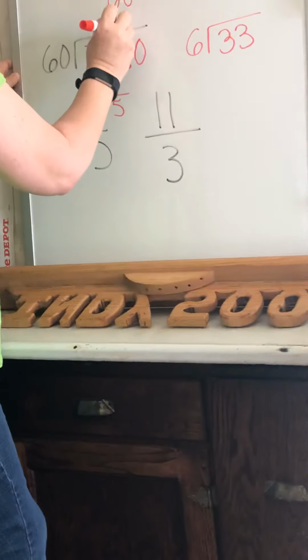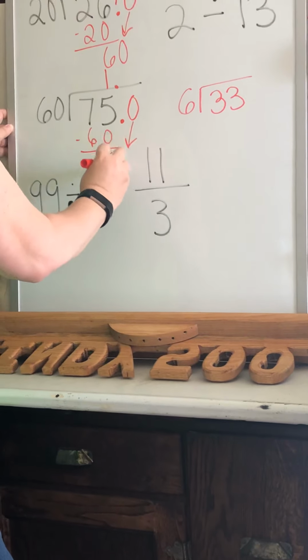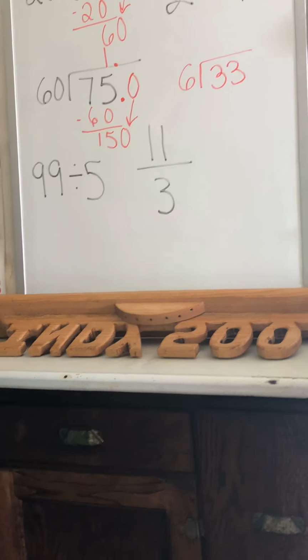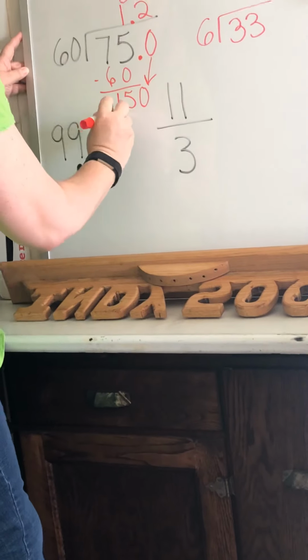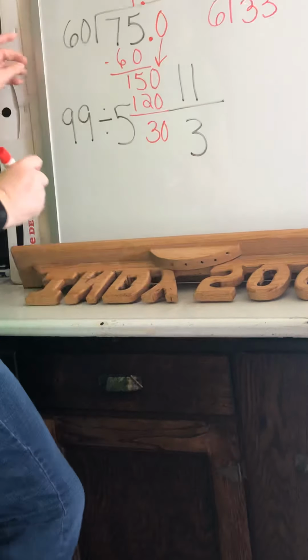Bring that decimal straight up, and now you can bring the 0 down. Now, how many times can 60 go into 150? Well, 60 times 2 is 120. You've got 30 left over.